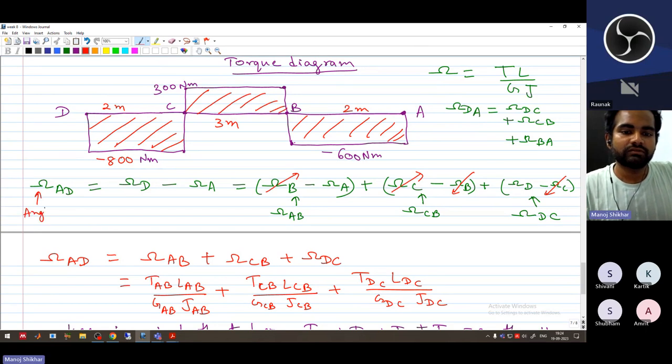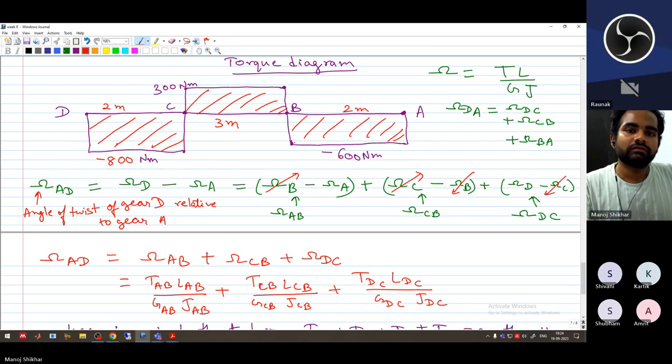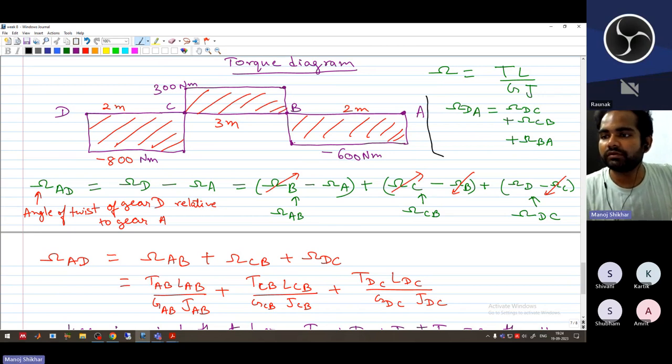Angle of twist of gear D relative to gear A. For this, make a box.